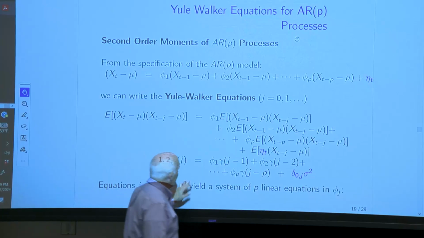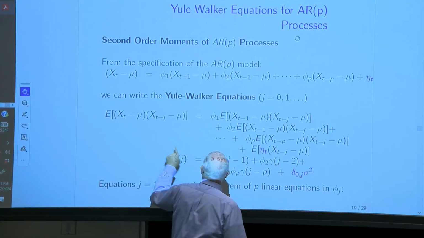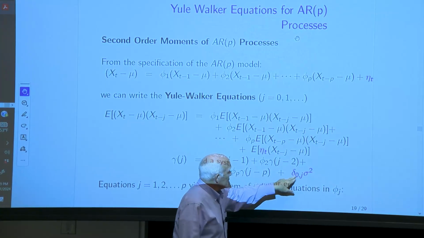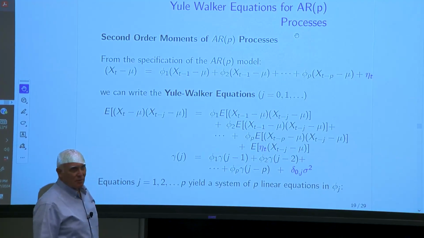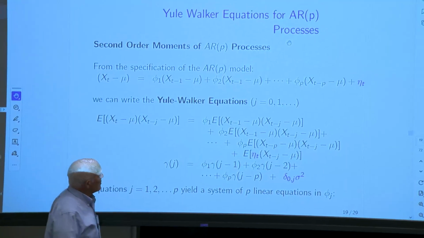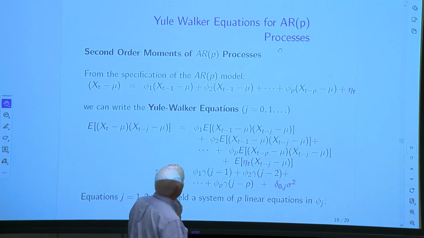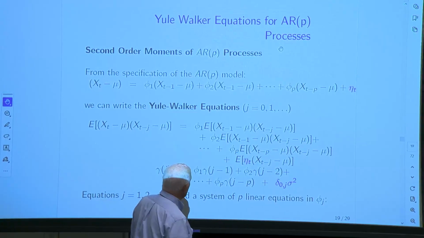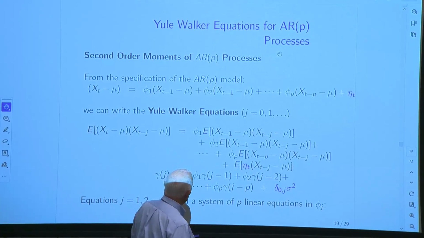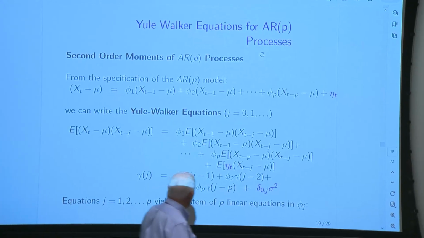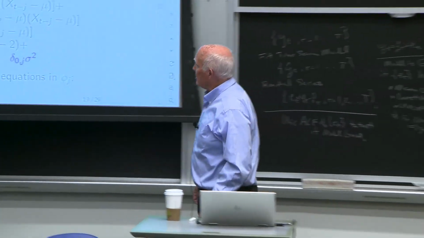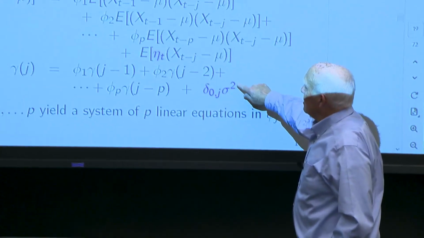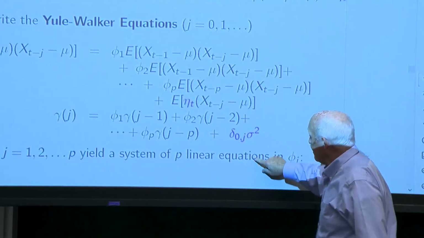And if j is equal to 0, then we also have a sigma squared term that comes in. So we basically have a system of equations if we vary j.